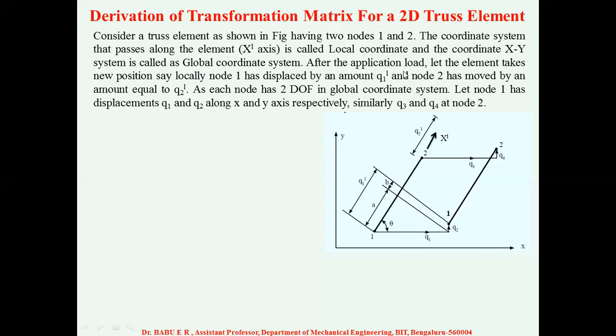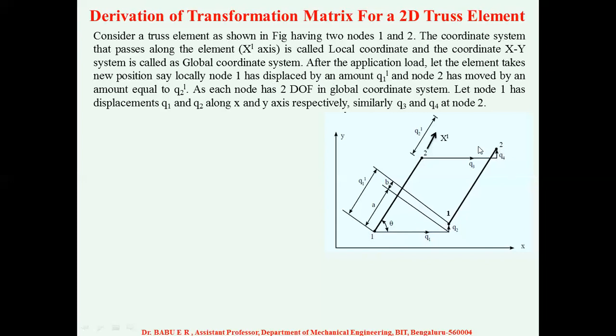After the application of load, let us assume that the element takes a new position. Node 1 will displace to somewhere at this particular point, and node 2 will displace somewhere over here.